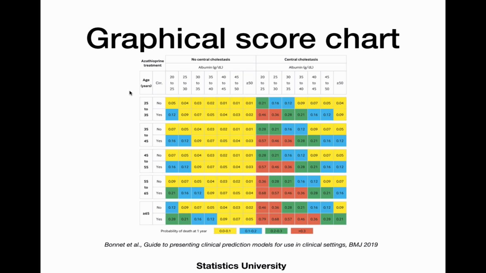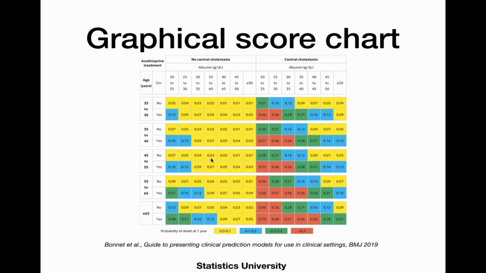But for example, over here you can choose the age of the patient, whether the patient has cirrhosis, yes or no, and then we need to look up the corresponding column, depending on whether the patient has cholestasis, yes or no, and then we need to look up the albumin level to find the right box for the patient.